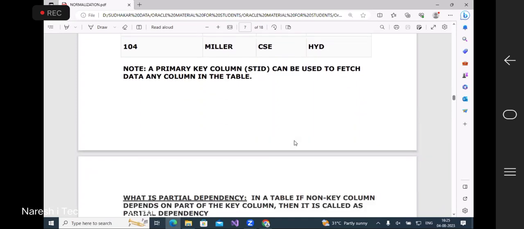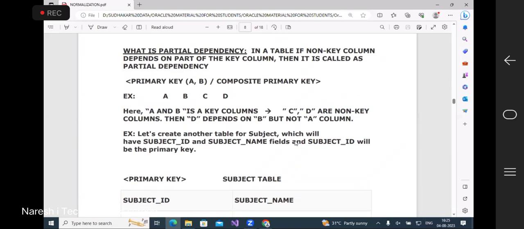But in case your table is having partially dependency columns, partially means what now? Not supporting full-fledged. It was supporting only half of them. So what is partially dependency?